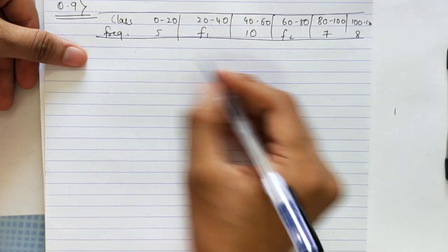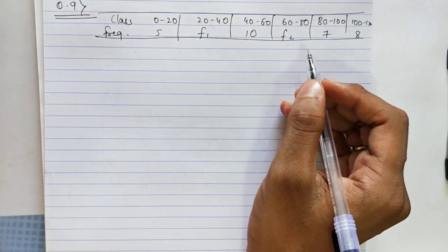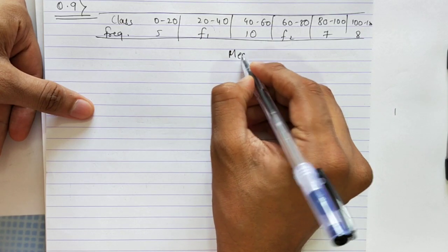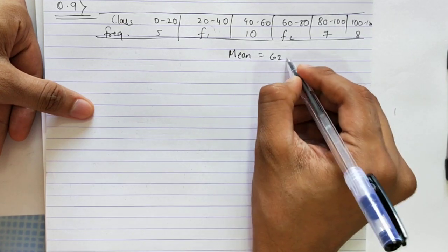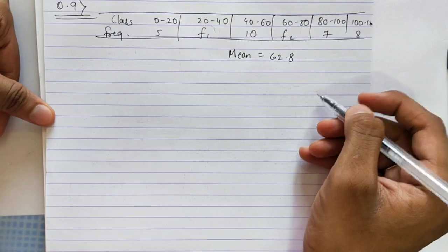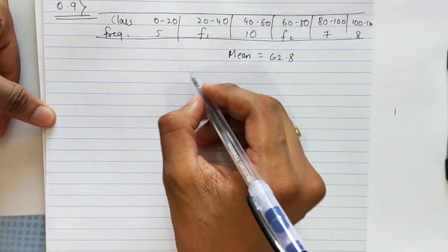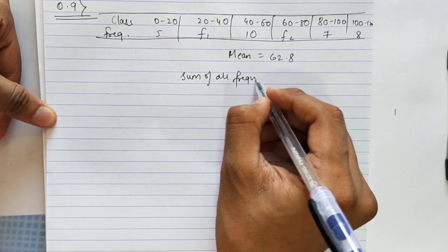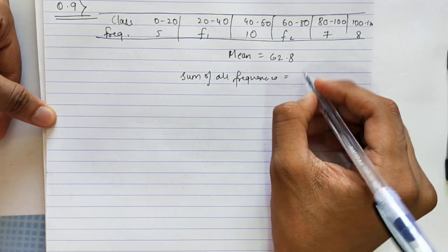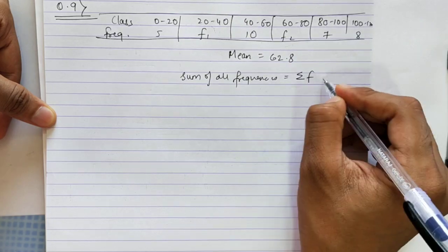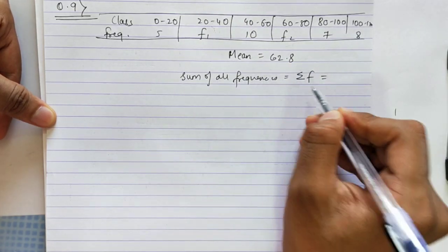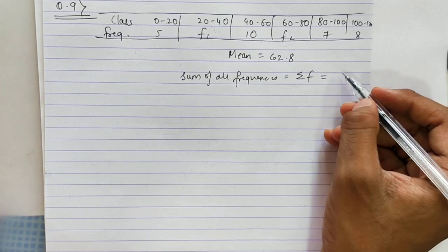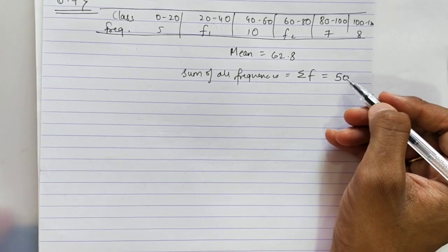So here again no method is mentioned, and what information is given here? Mean is given as 62.8, and sum of all frequencies, meaning summation of f, is given as 50.